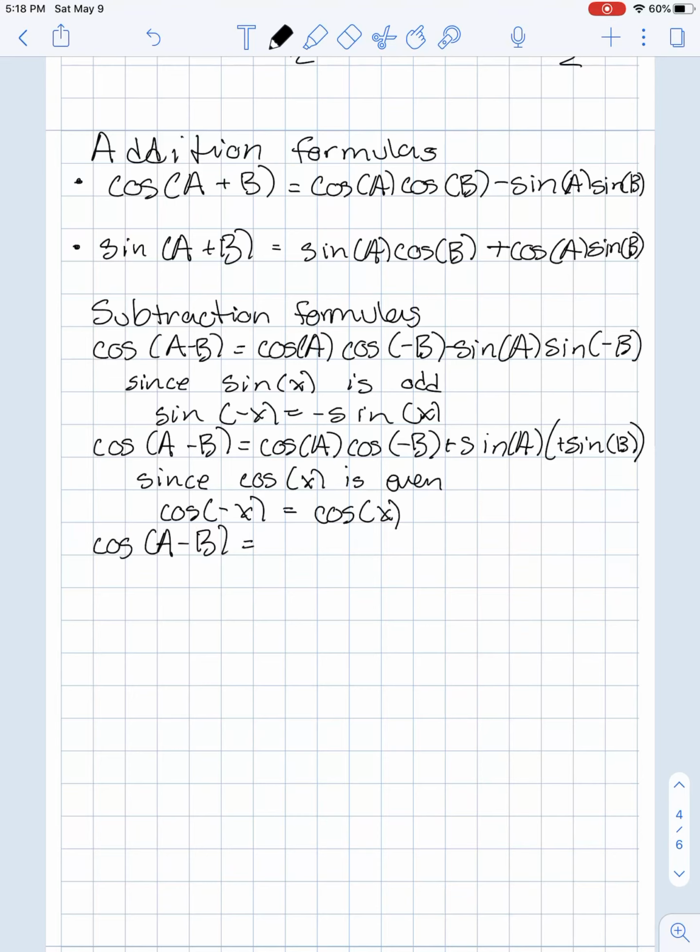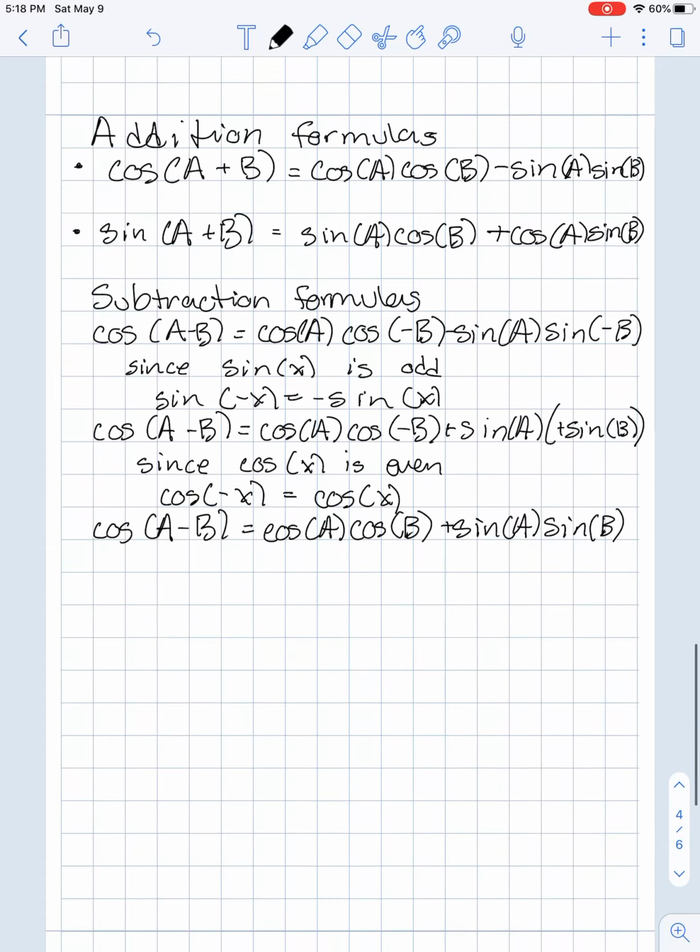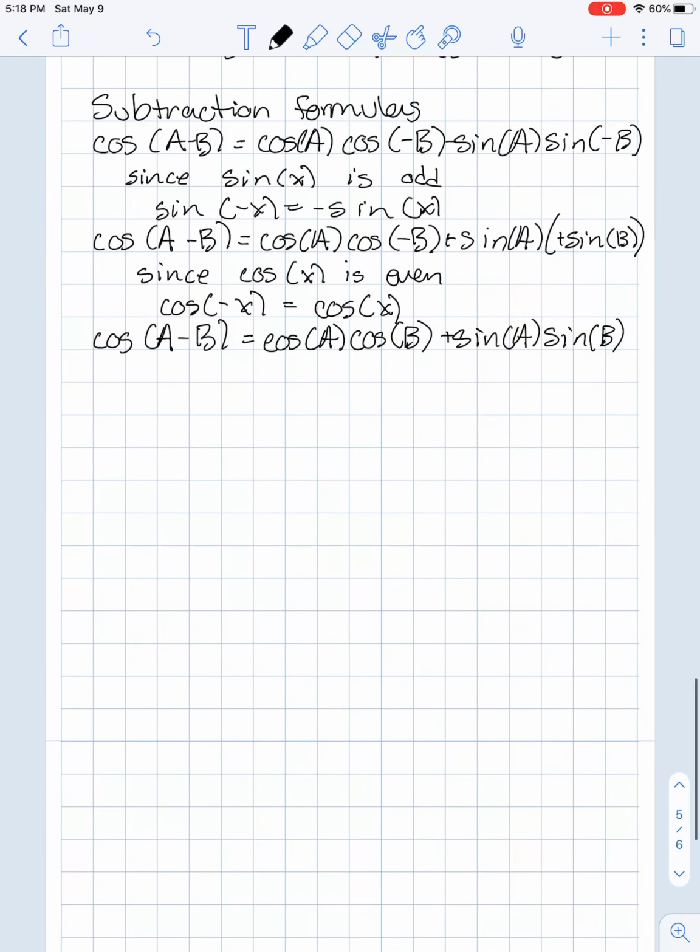So cosine of A minus B is going to equal cosine of A, cosine of B, plus sine of A, sine of B. All right?